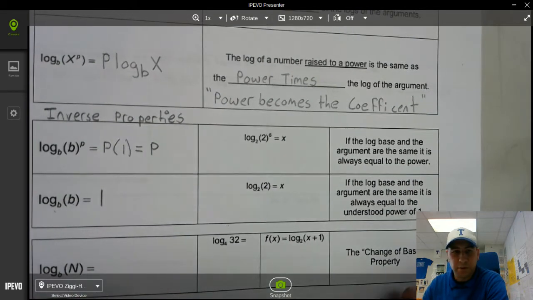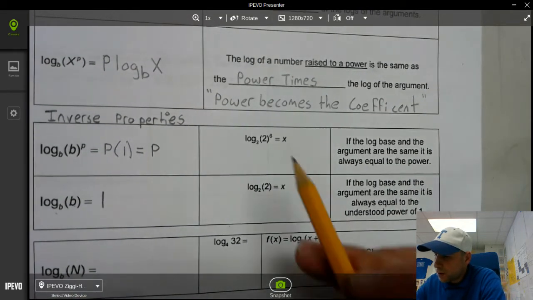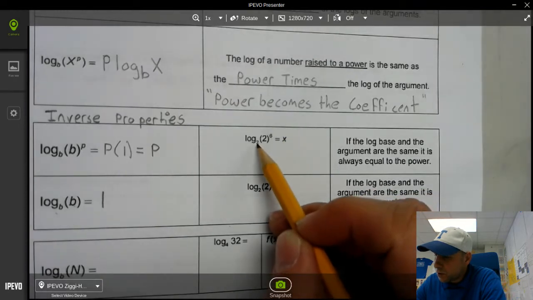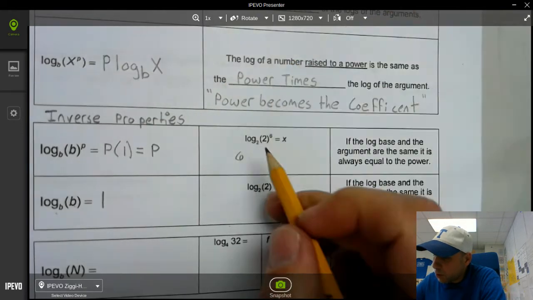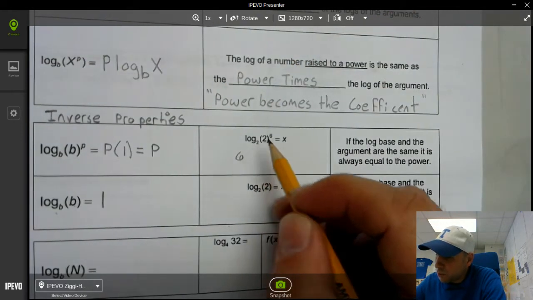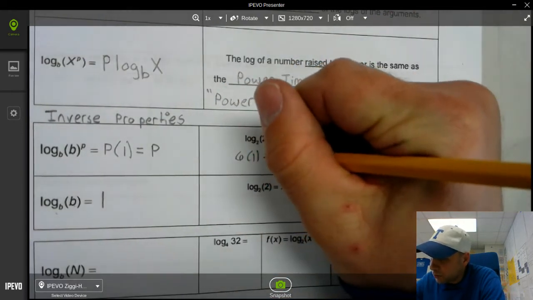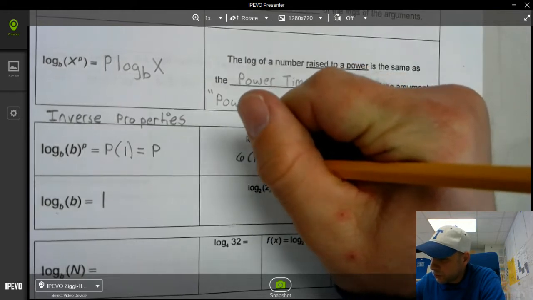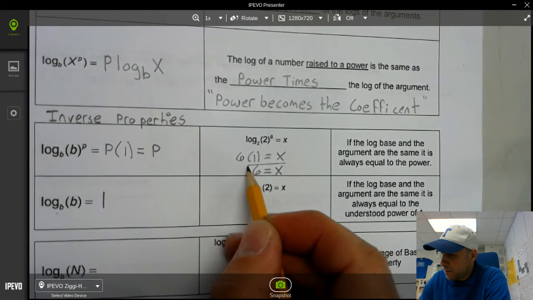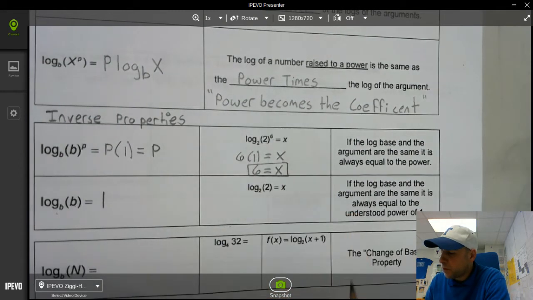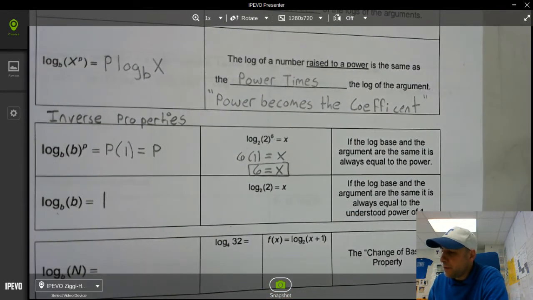Okay, so looking at kind of an example with that. Okay, so log base 2 of 2 to the 6th power, 6 goes to the front, so that's 6. But we know log base 2 of 2 is 1, so 6 times 1 equals 6, so x equals 6. So we can say if the log base and the argument are the same, so here's your log base, here's the argument.